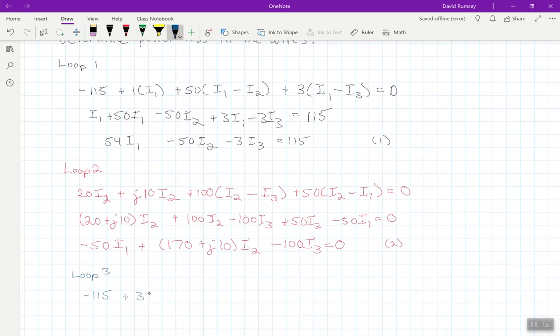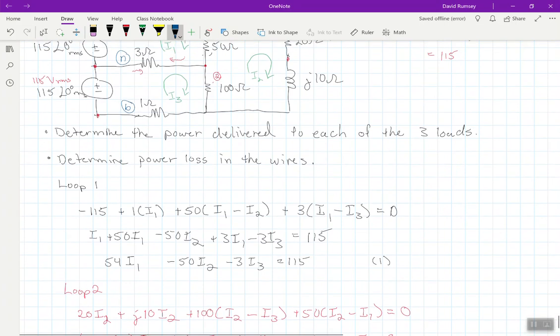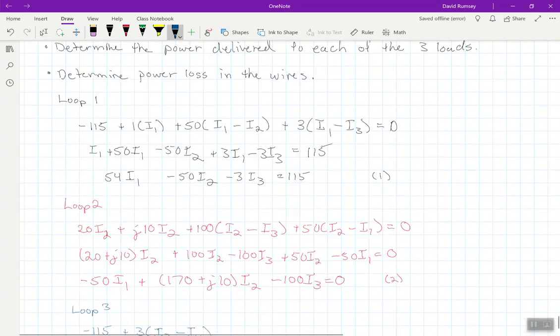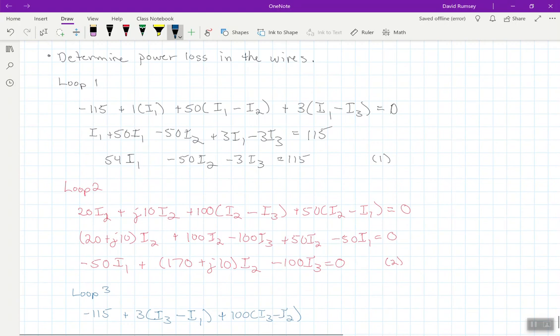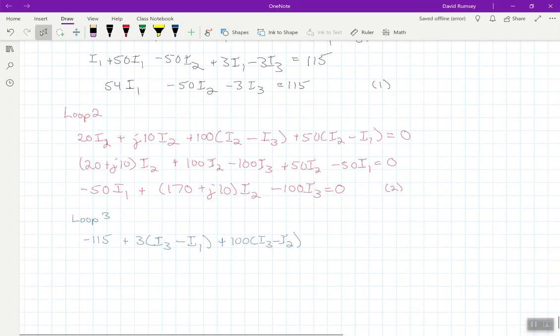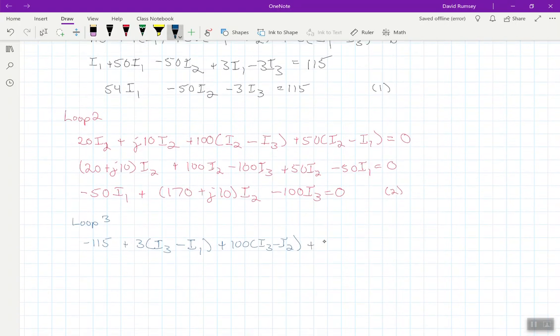Because I'm in loop 3, I3 is positive, and then it would be minus I1. My next term would be this 100 ohm, and again I have I3 and I2, so that would be plus 100 times (I3 minus I2). And finally, I have this 1 ohm resistor that I briefly scrolled back up to, so I'd have plus 1 times I3, and this is all equal to 0.